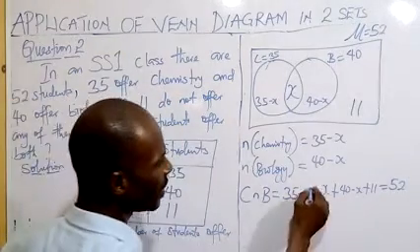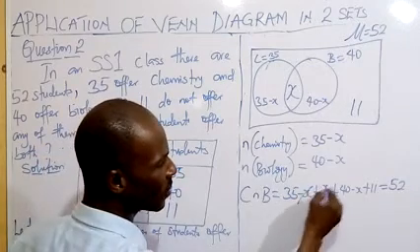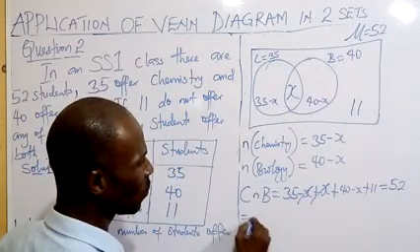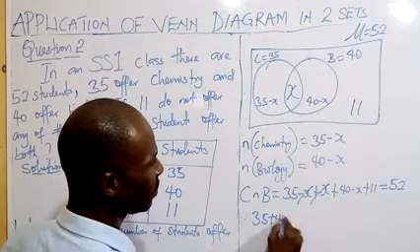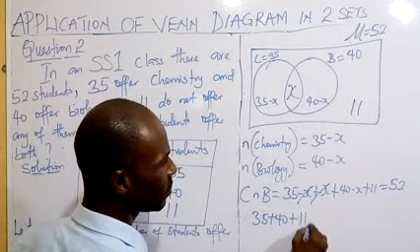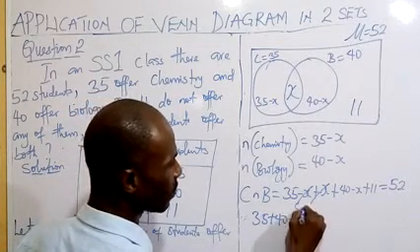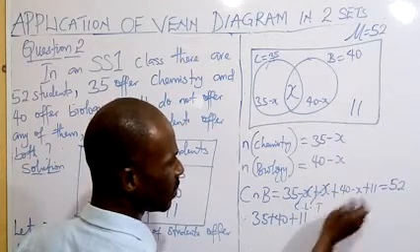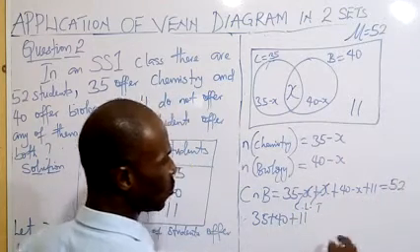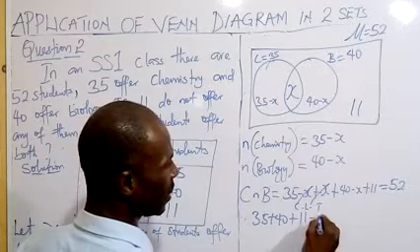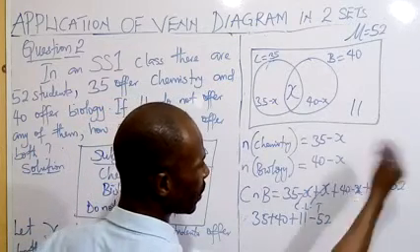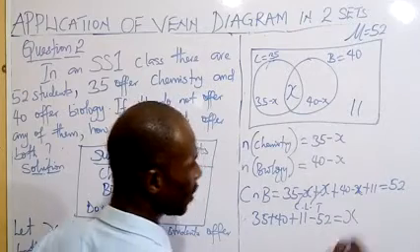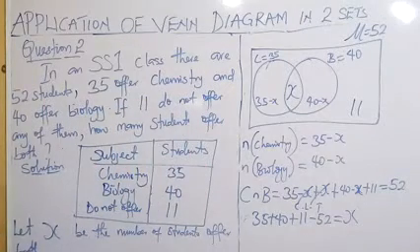This minus X plus X, this cancels this, right? Therefore we have 35 plus 40 plus 11. We are collecting like terms. Bring this 52 inside, that will be minus 52. Take the minus X outside, it becomes X. The next thing, simplify everything.